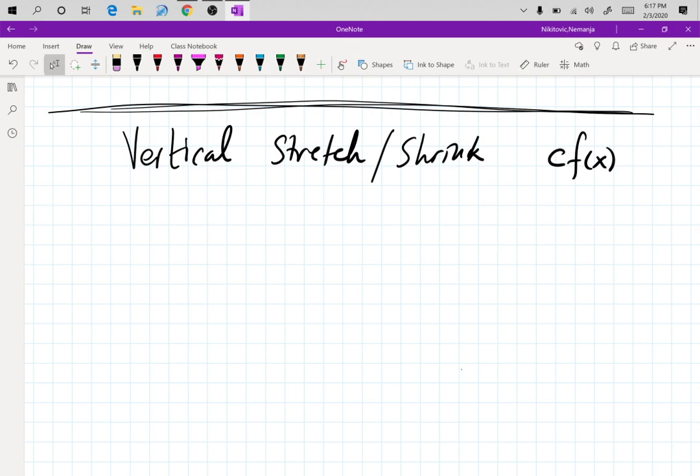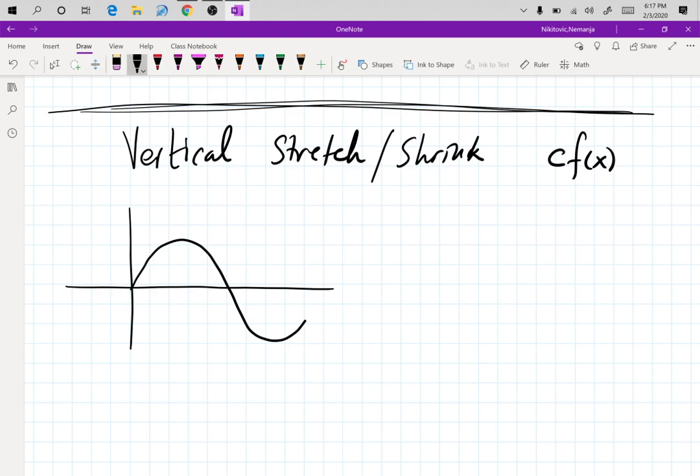So for vertical stretch or vertical shrink, you have some function, and the book doesn't tell you, but I will. This function is called sine x, which is Precalc 2. It's a trig function. Sine x.